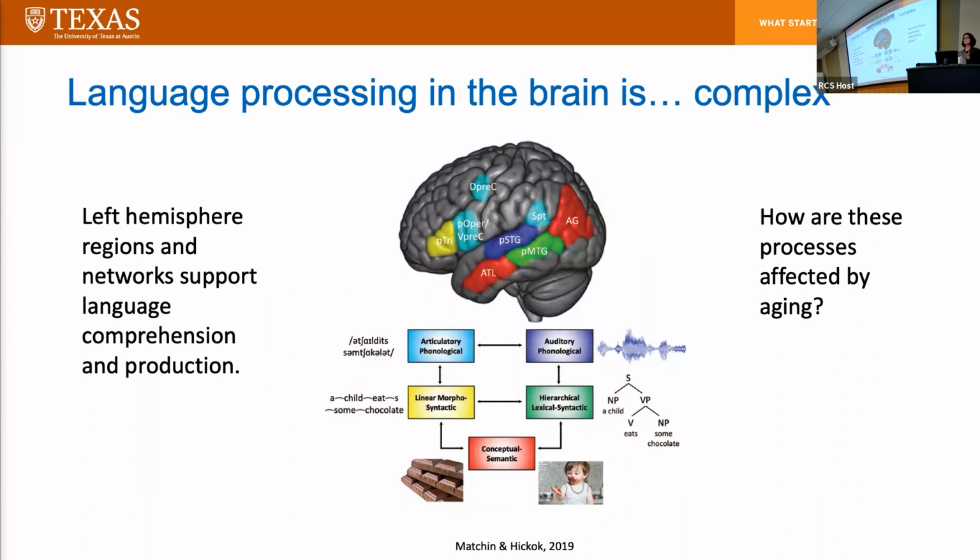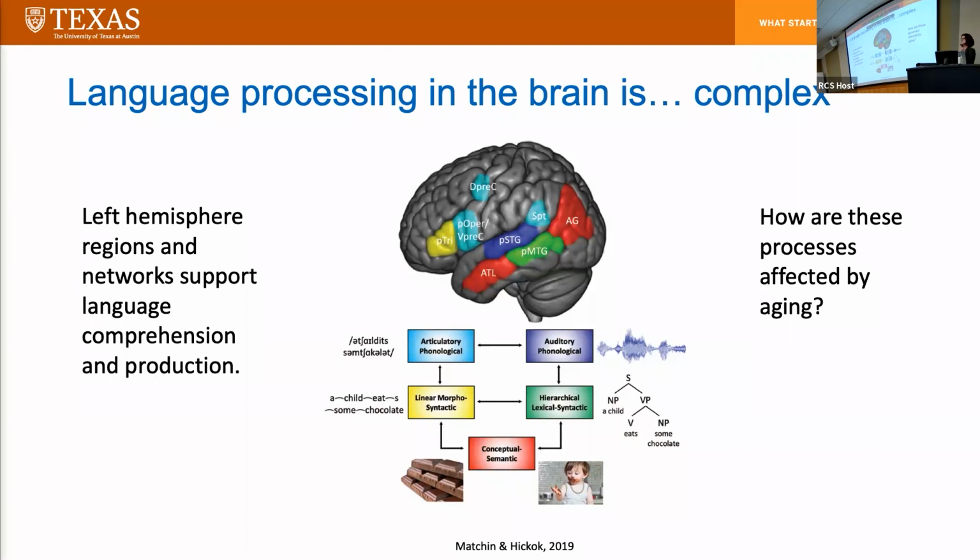And then on the production side, we have an idea, we have a concept, we have to find the word to express that concept, we have to assemble those words into complex sentences, and then through this really amazing, really finely tuned coordination of the articulators, we can enact the motor commands to produce those sentences that can then be comprehended by others. So really complex processing at the level of the brain.